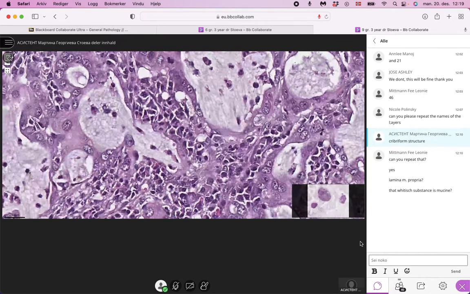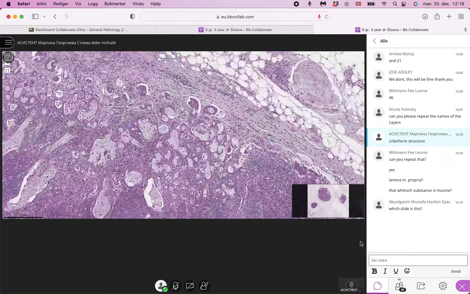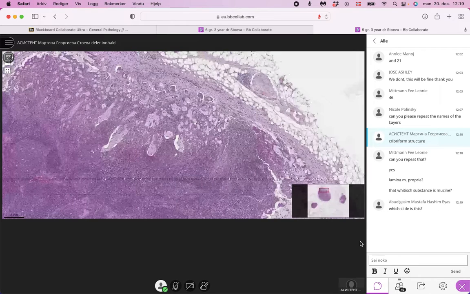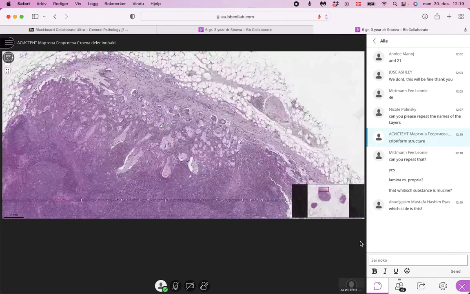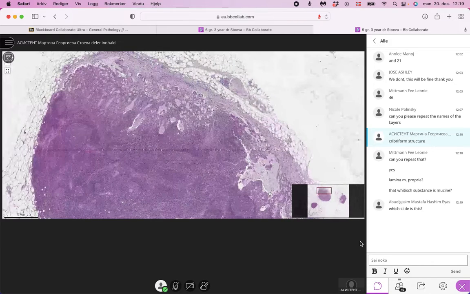So here we come to the diagnosis: adenocarcinoma metastasis in a lymph node. The slide is number 35. And we know that this is a metastasis because normally there is no epithelial tissue in a lymph node.